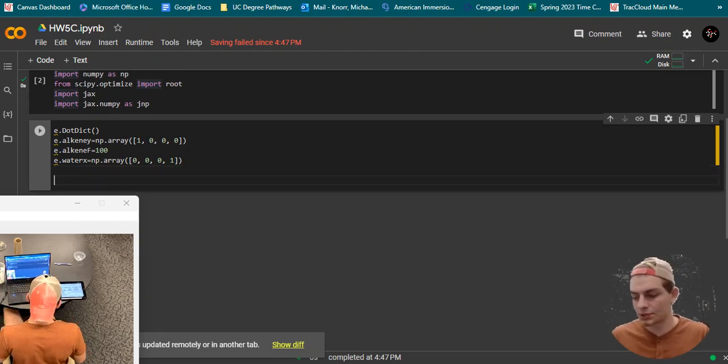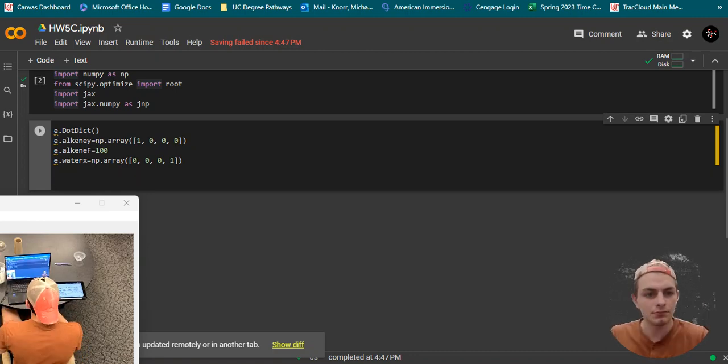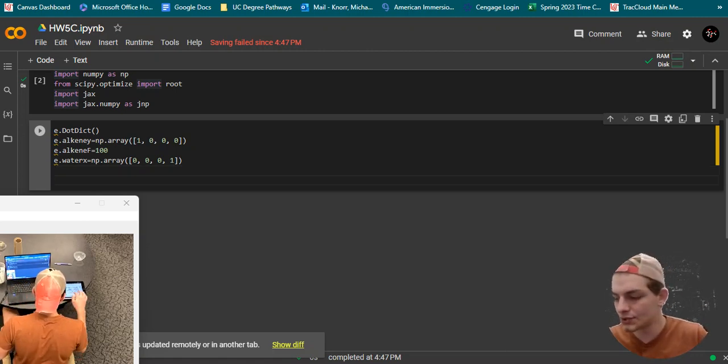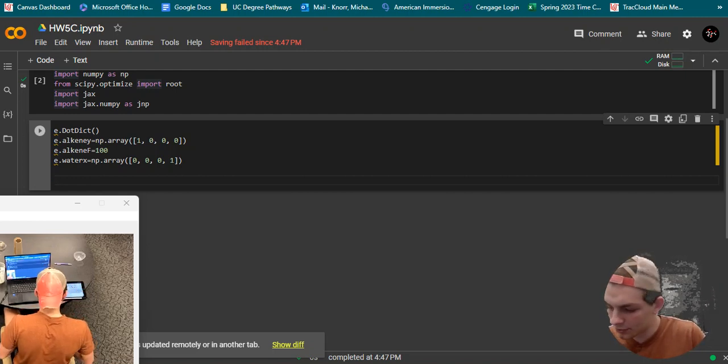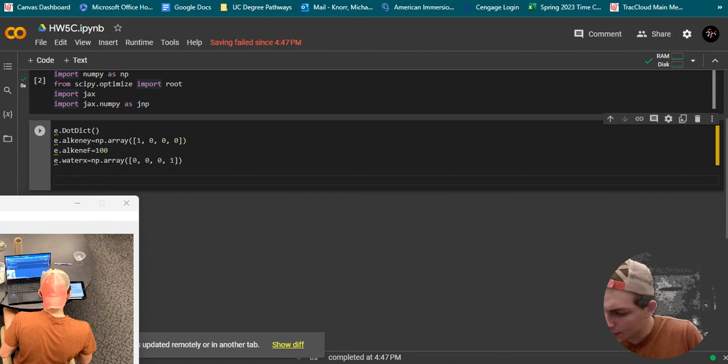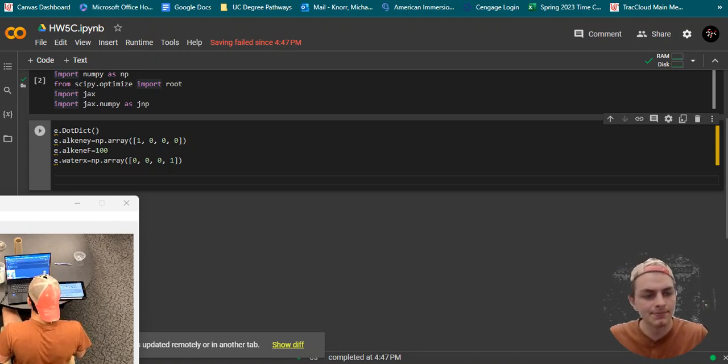And that's our input feeds into our first reactor. Now from here, let's code our reactor feeds. We were told that we had a constraint here, and the constraint was that the combined molar flow of feed water and recycle water would be 12 times that of the alkene molar flow rate.